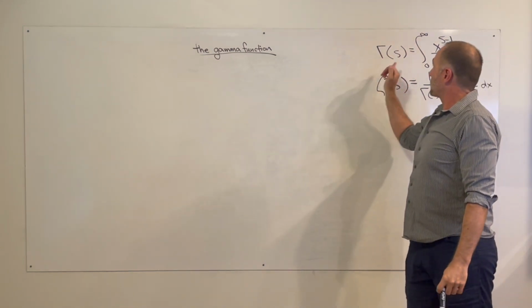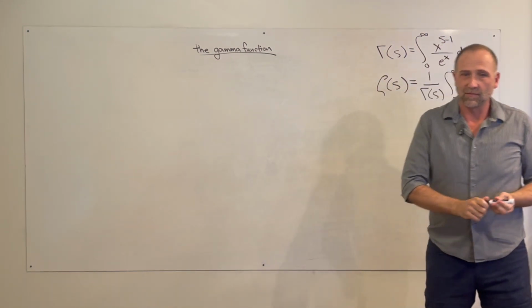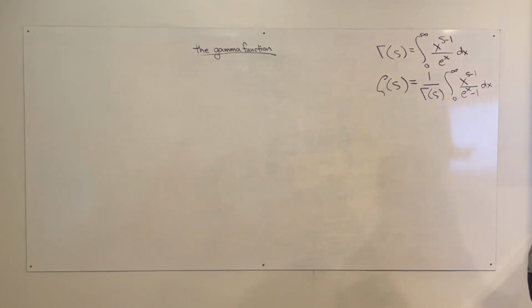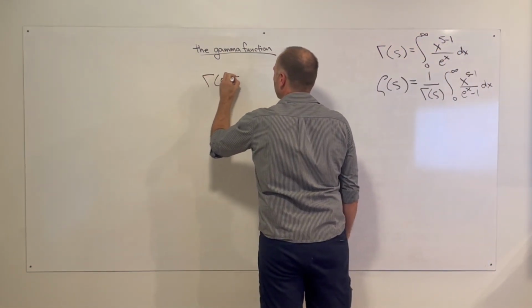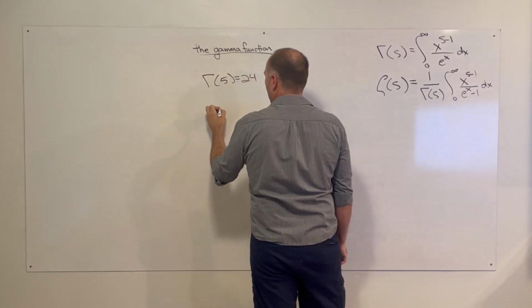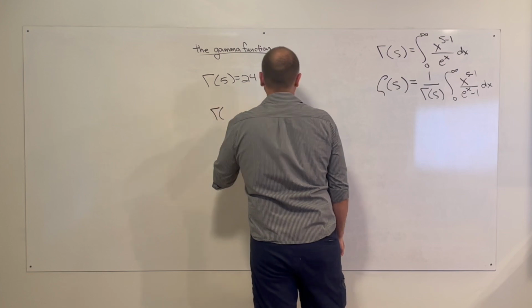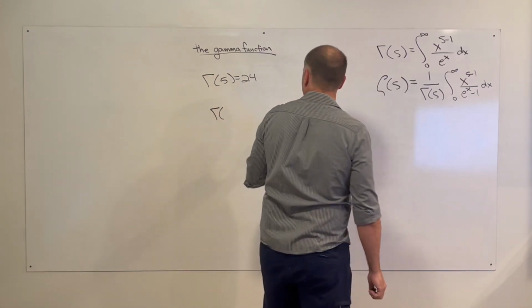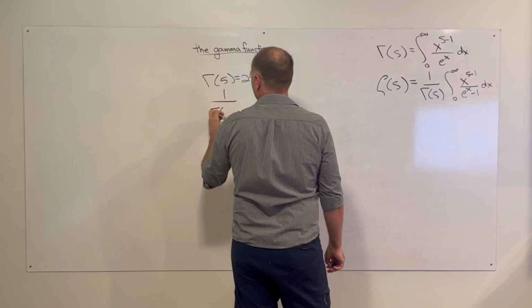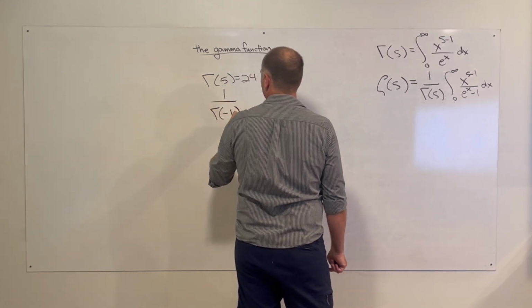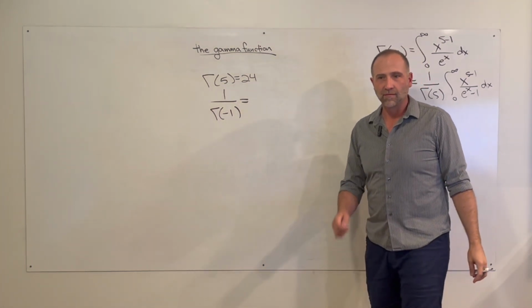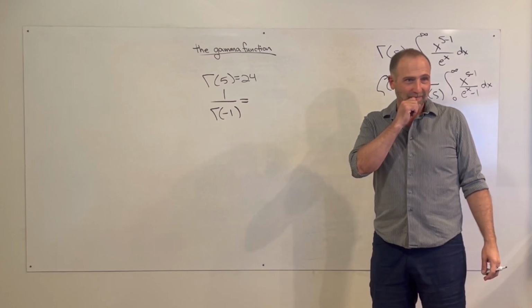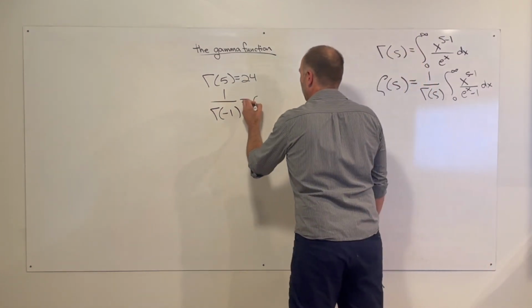Okay, so what are some cool features we know so far about the gamma function? Anybody remember any of them? Well, gamma 5 is 24. Yes, remembers one specific one, gamma of 5 equals 24. Okay. What about 1 over gamma of negative n?